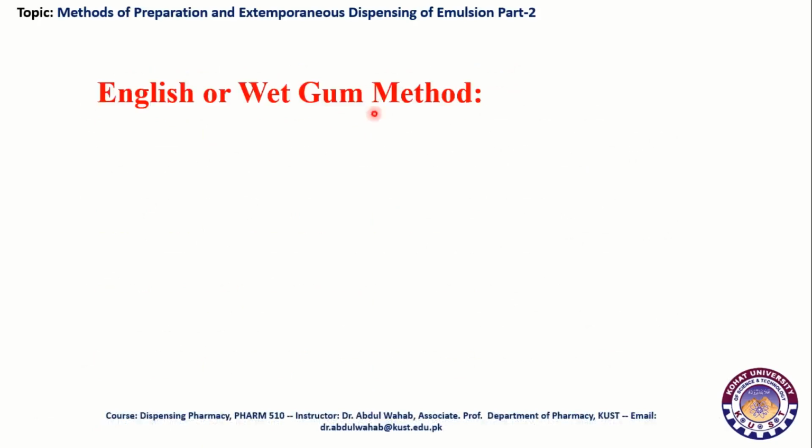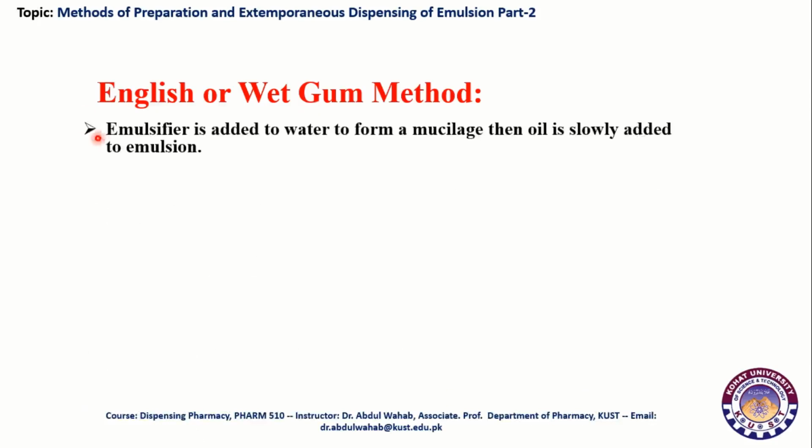English or wet gum method. We can use the term English method for the wet gum method. In this case, an emulsifier like acacia is added to water to form a mucilage. Then oil is slowly added to form the emulsion.